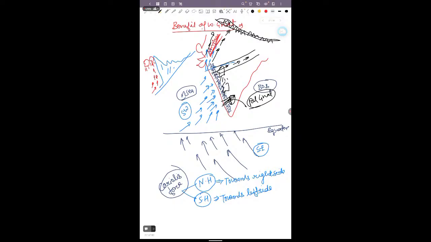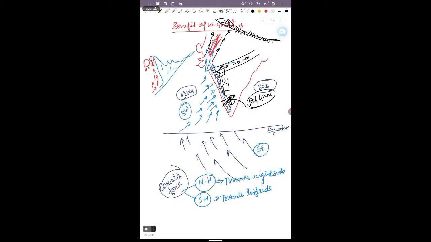Another limb of the southwest monsoon blows parallel to the Aravalli mountains, because if you see the location of the Aravalli, it runs roughly from the southwest to the northeast.